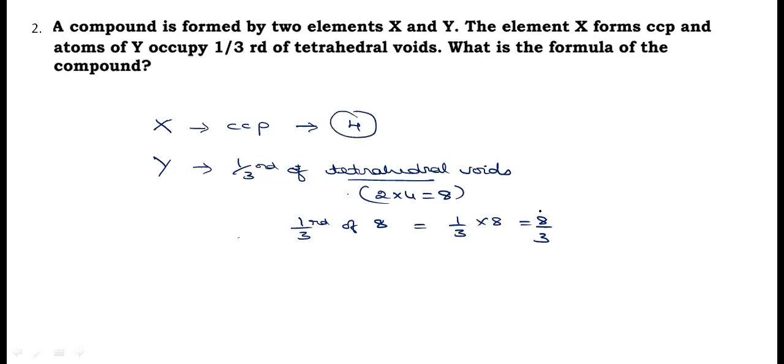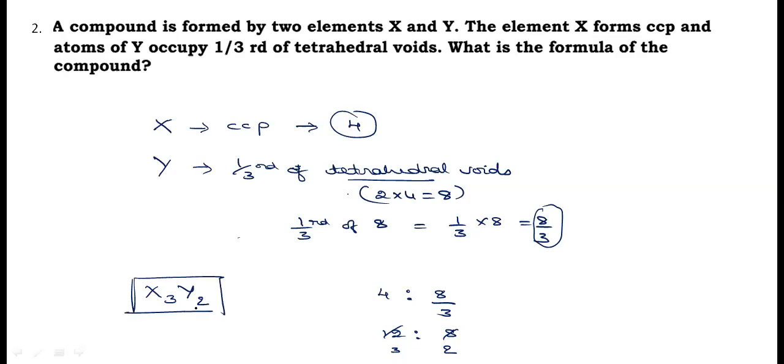Now for X it is 4 and for Y it is 8/3. Now if you find a simple ratio, so 4 is to 8/3. Now you multiply by 3 for both, it is 4 into 3, 12, and for this it will be 8. So the simple ratio is 3 is to 2, hence X3Y2 will be the simplest formula of the given compound.